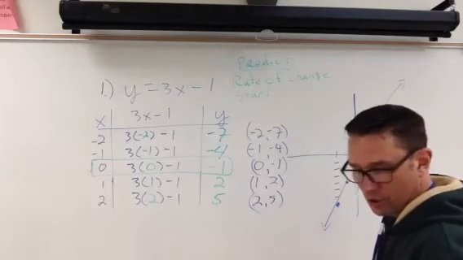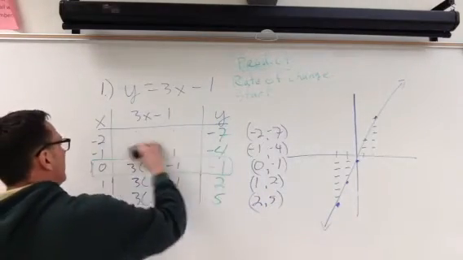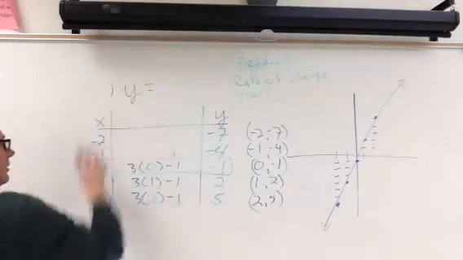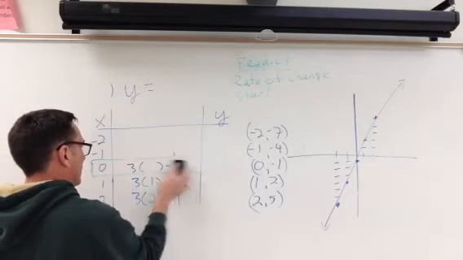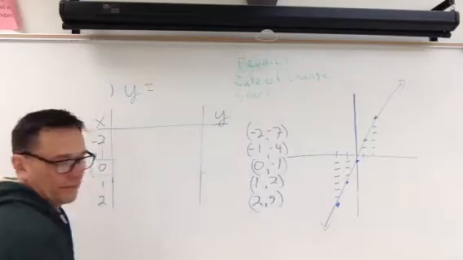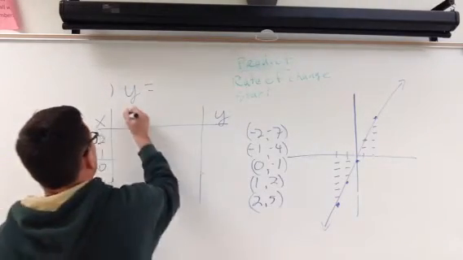So now we're going to look at number 2. I'm going to leave these points here of x's. The function this time is going to be negative 2x plus 5.